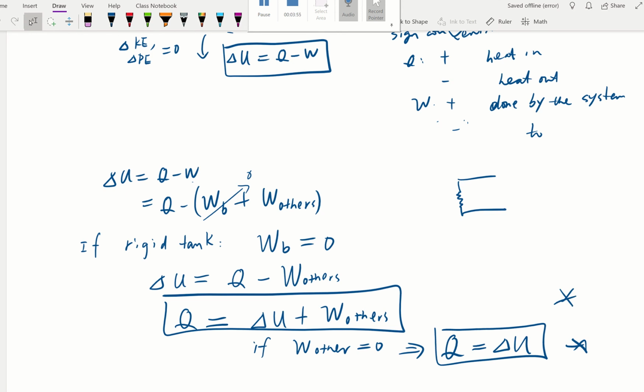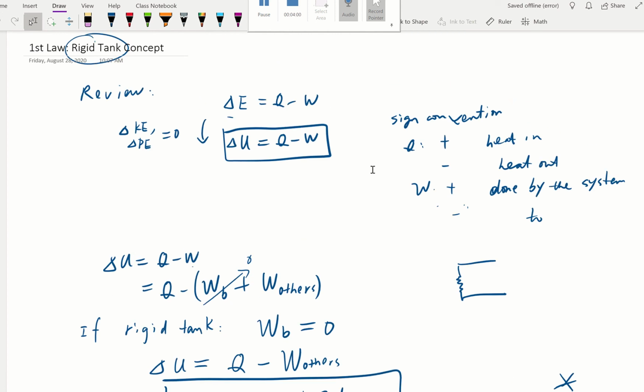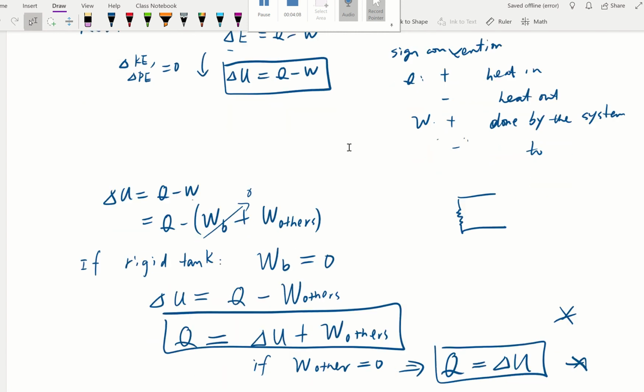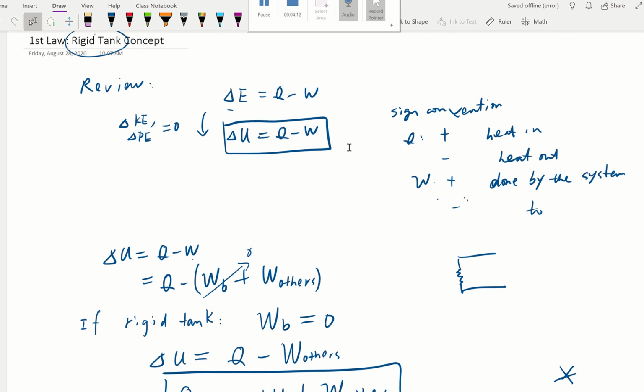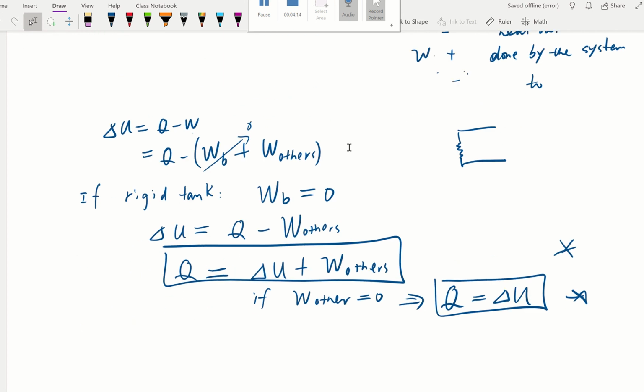Will this apply to every system, regardless of ideal gas, non-ideal gas, or what we call a real substance? Yes. Why? Because this is the first law of thermodynamics. It applies to everything. The only condition we have here is that it is a rigid tank.